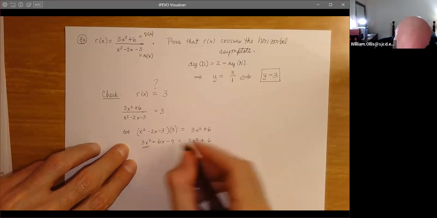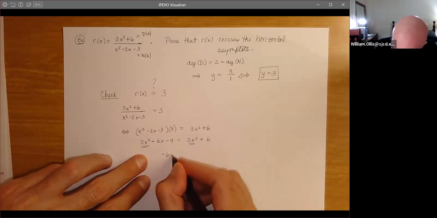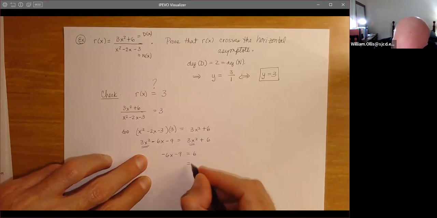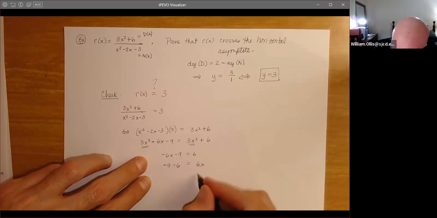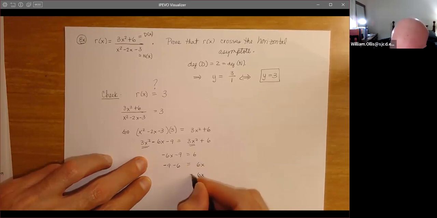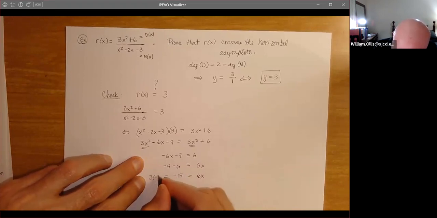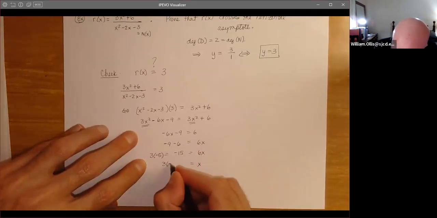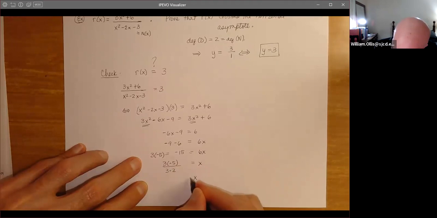Now, of course, look, the 3x squared terms cancel, and we're left with negative 6x minus 9 equals 6. So let's transpose. So this gives us a 6x, and we have a minus 9 minus a 6. So 6x equals negative 15, which is 3 times a negative 5. And so we have x equals 3 times a negative 5 divided by 3 times 2. The 3's cancel. X equals negative 5 halves.